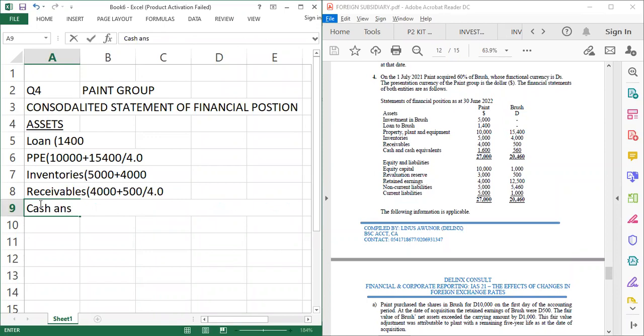Cash and cash equivalents. Let's just put cash there. That will be 1,600 plus 560 divided by 4.0. Okay. Let's leave space like that. Then we come to equity and liabilities.